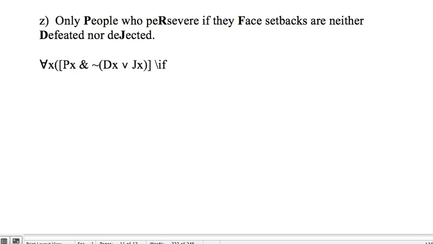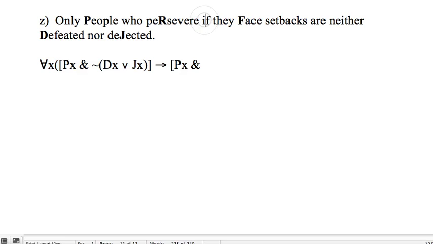Okay, so the only, what we're being told about these people who are neither defeated nor dejected is that they're people who persevere if they face setbacks. So to be in the predicate class, you have to be a person and you have to persevere if you face setbacks.